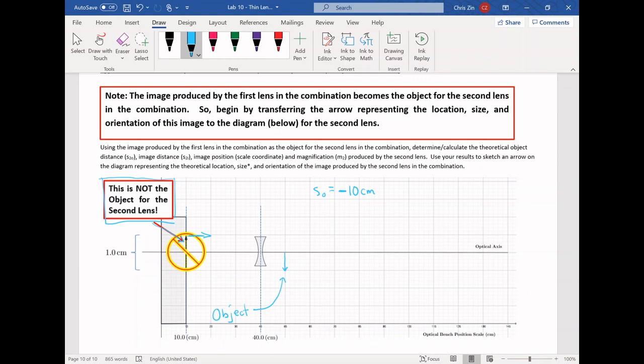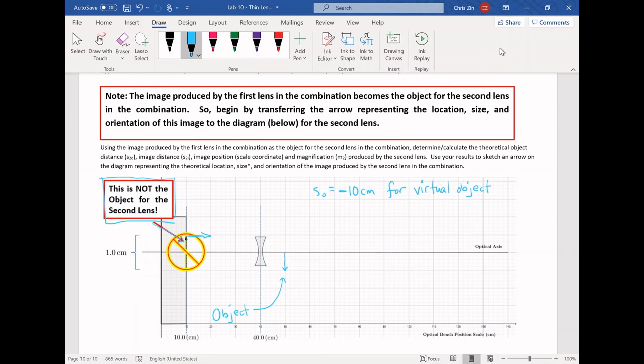That means I put a minus sign in front of the number. This is something that I skipped over in lecture, and I said I didn't really want to talk about it in general. This is the only time that it will come up.